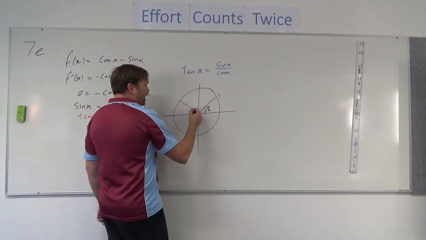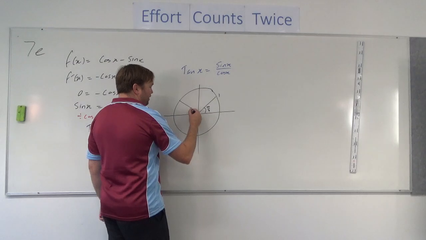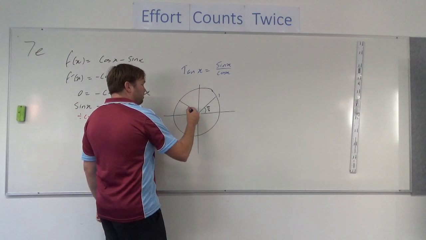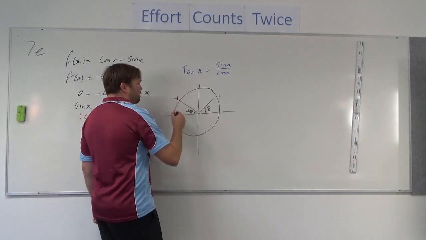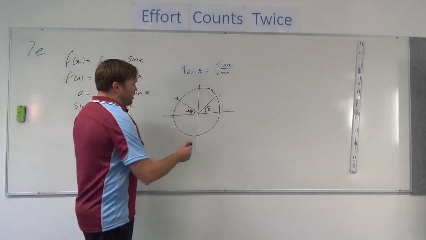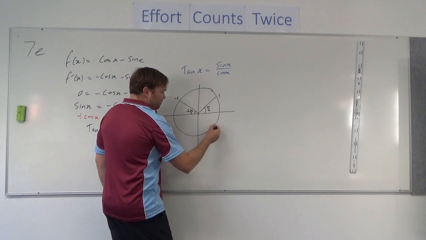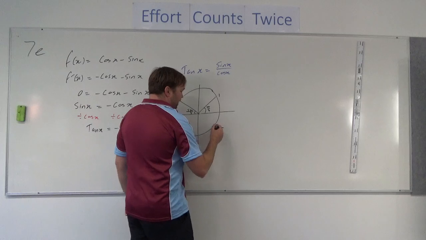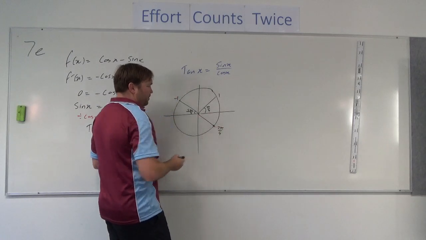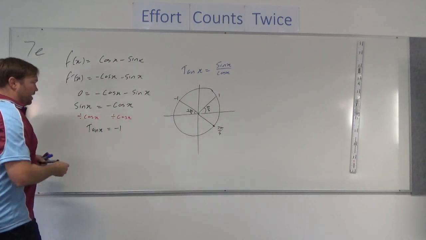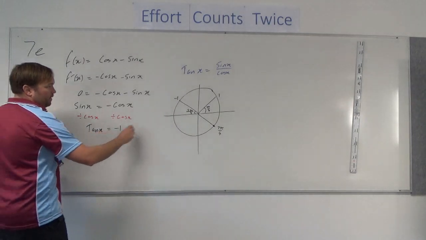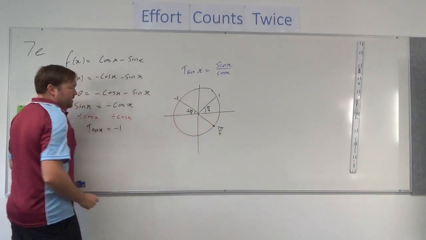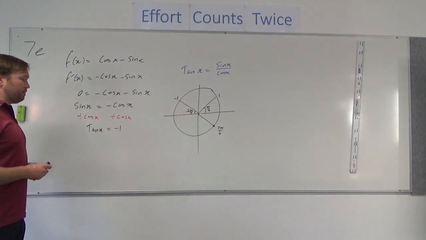Here, the critical angle is pi on 4. So what's that? 3 pi on 4? 3 pi on 4 is negative 1. There's one of our solutions, and the other solution's down here, which is 7 pi on 4, and there's also a minus 1 there. So our two solutions here are 3 pi on 4, because it equals minus 1 at that point, and 7 pi on 4, because it equals minus 1 at that point.